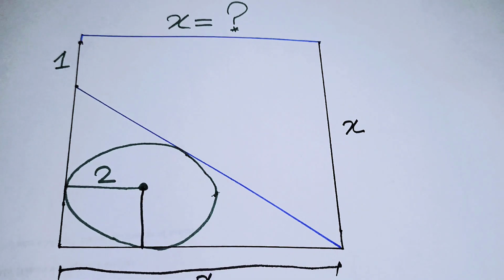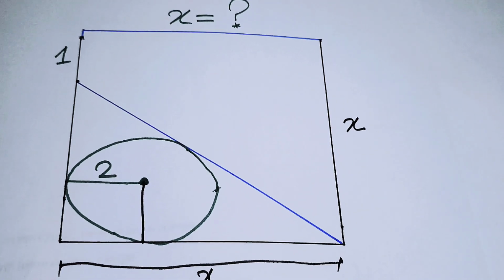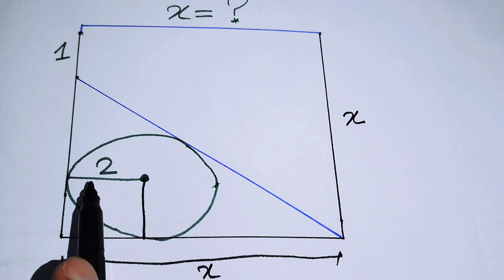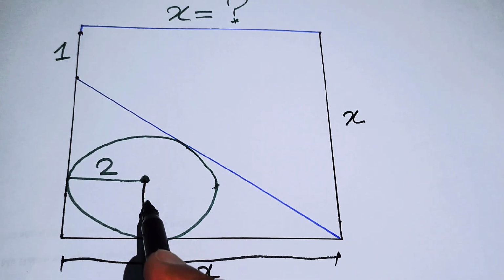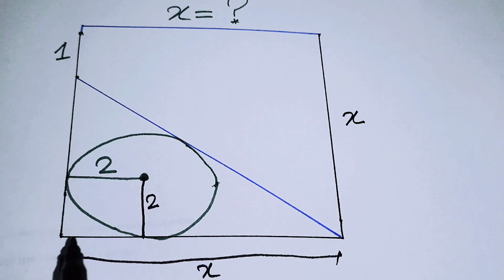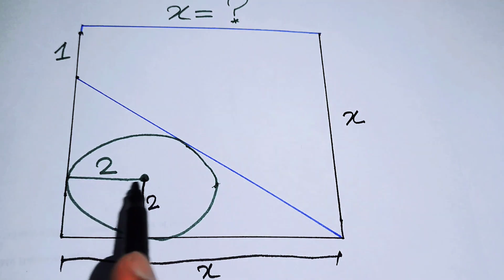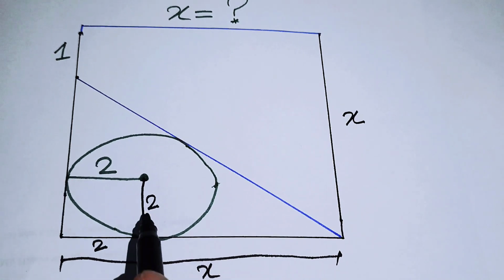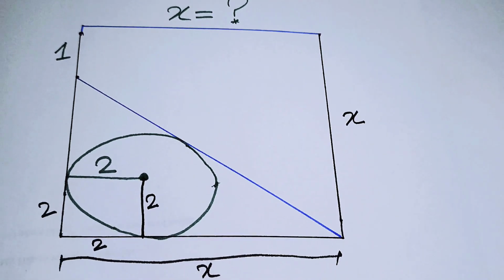Here you see that the radius of this circle is 2, and you know that all the radii of a circle are the same. So if the radius of this one is 2, the value of this radius is also 2, and here it becomes another square. So if the value of this line segment is 2, the value of this line segment is also 2, and similarly the value of this line segment is also 2.